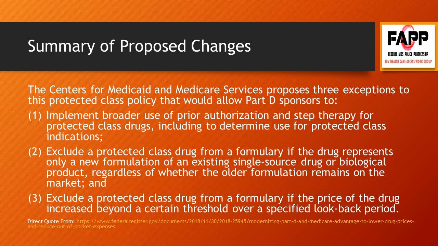We'll talk about implications for HIV there. And then the third part, arguably the most controversial, the rule would allow plans to remove a protected class drug from the formulary if the price of the drug increased beyond a certain threshold over a specified time period. I'm going to walk through each of these 3 prongs one by one and talk both about what the rule says and then potential implications for HIV medication access. So next slide.